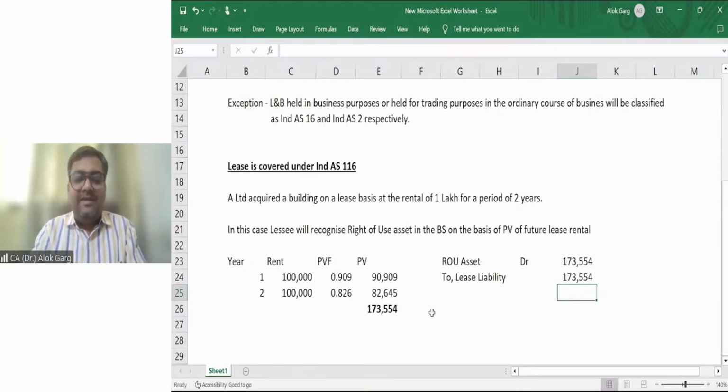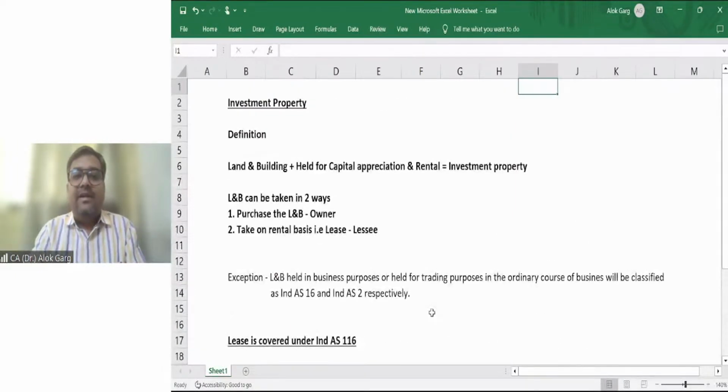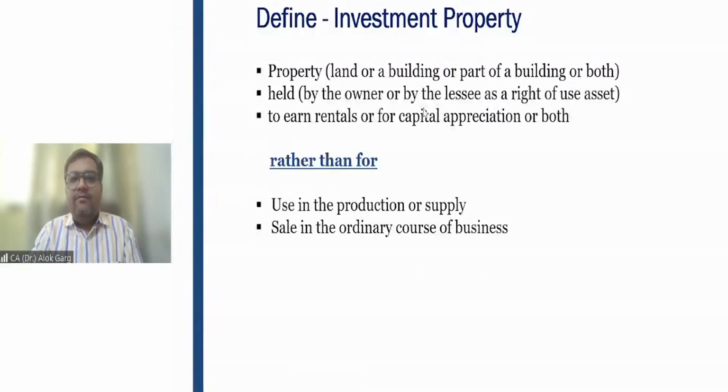So that's what is written here in your PowerPoint presentation. Land and building which is held by the owner, owner means who has acquired it, or by the lessee as a right of use asset.